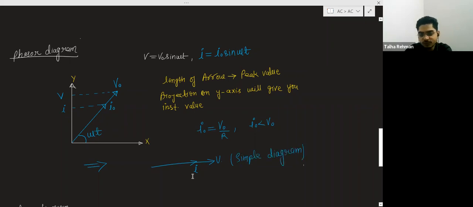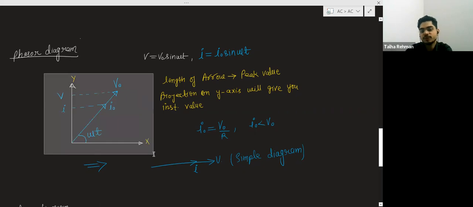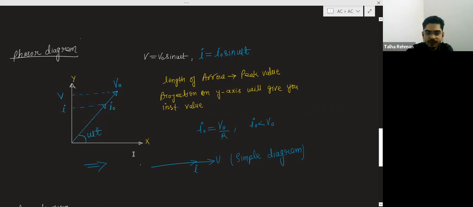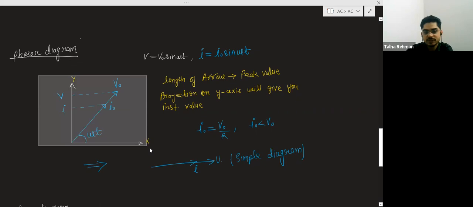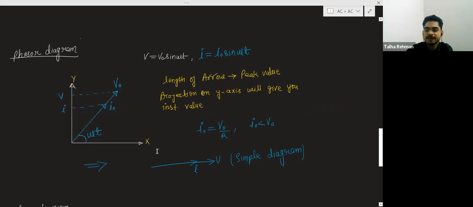In numericals, you can just draw this diagram and easily solve the numerical. We are not going to draw this diagram in numericals again and again. If there is a requirement, then we will draw this. Otherwise, we will draw the simple diagram. So both are in same phase.